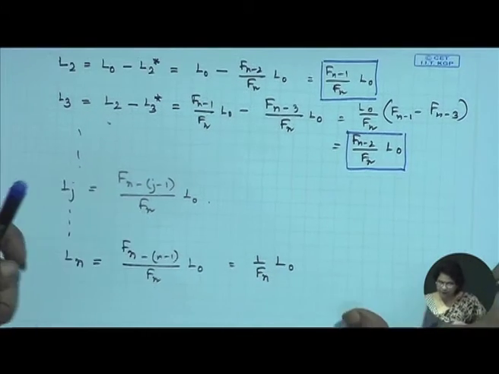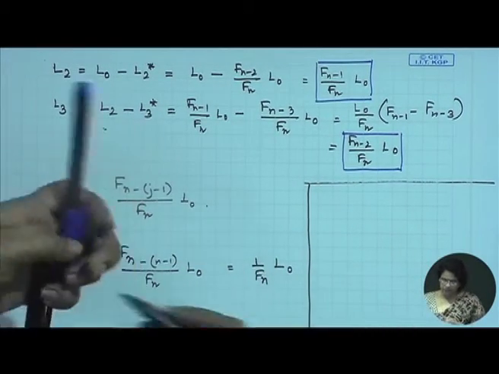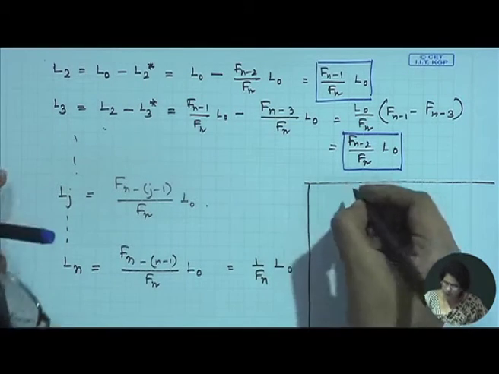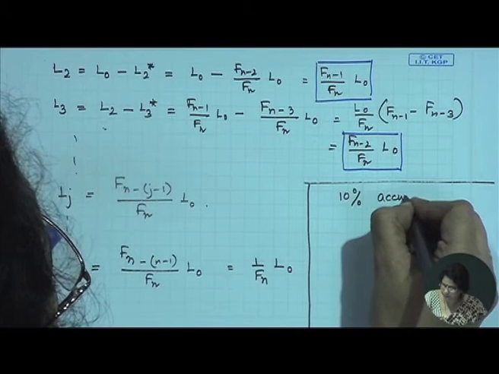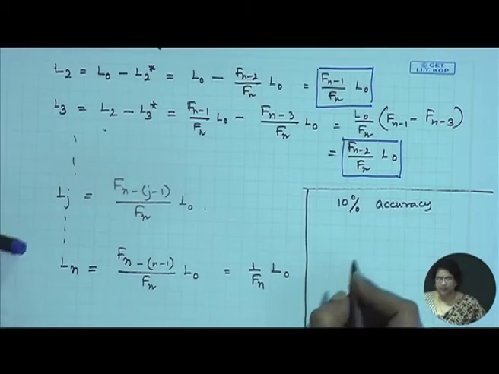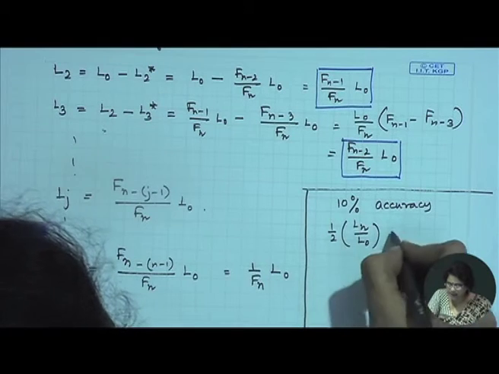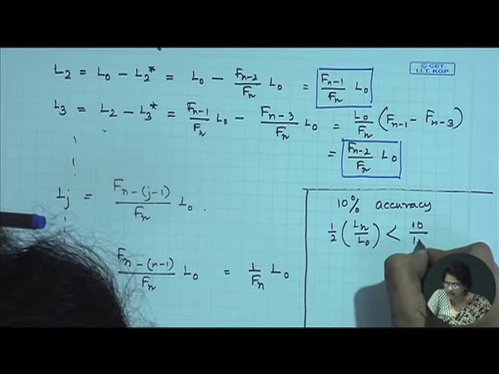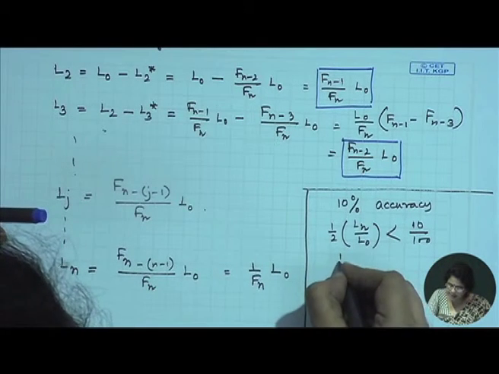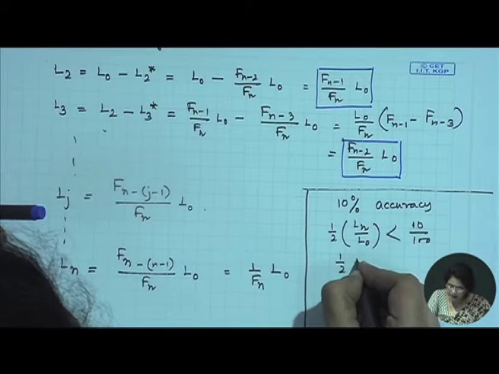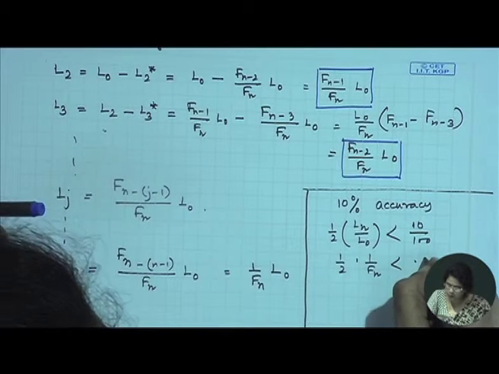Okay. Now, if I want 10% accuracy, then half of the Ln by L0, as I did before, must be 10 by 100. Here, what is Ln by L0? This is equal to 1 by Fn, which must be less than 0.1.